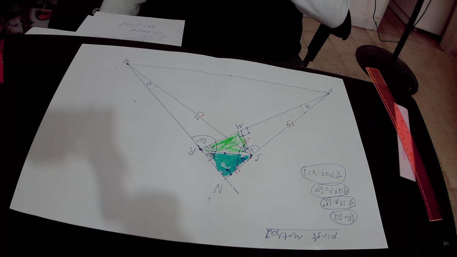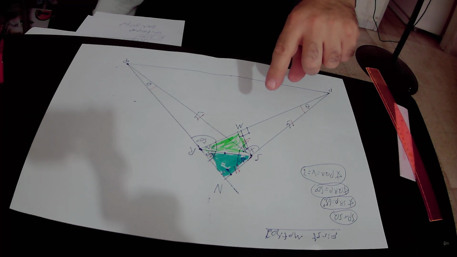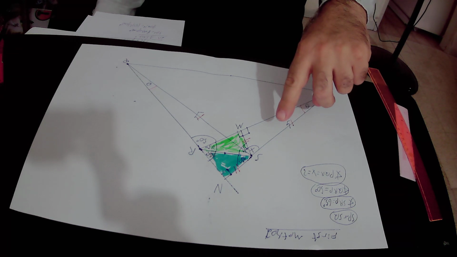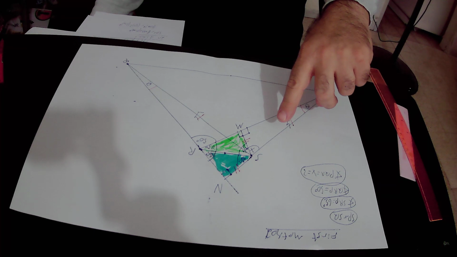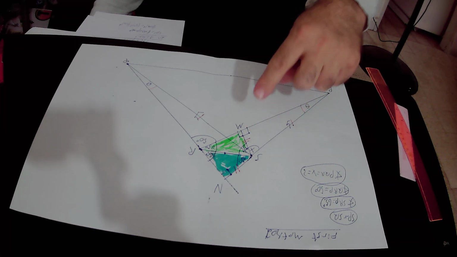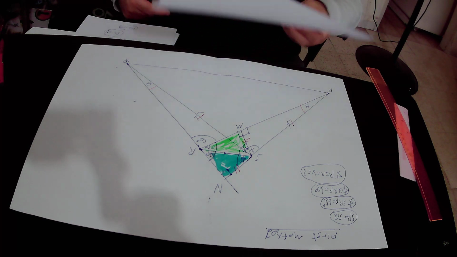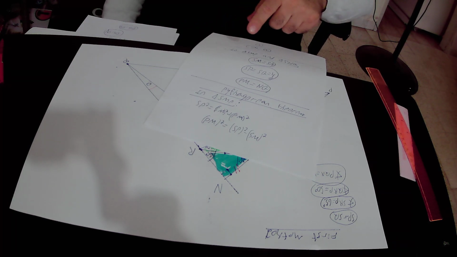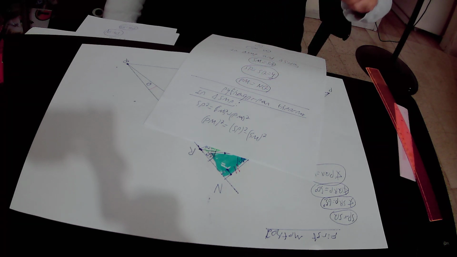We know that the square of the hypotenuse equals the sum of the squares of the perpendicular sides in a right triangle. So in the right triangle SMP, according to the Pythagorean theorem, SP square equals SM square plus PM square.